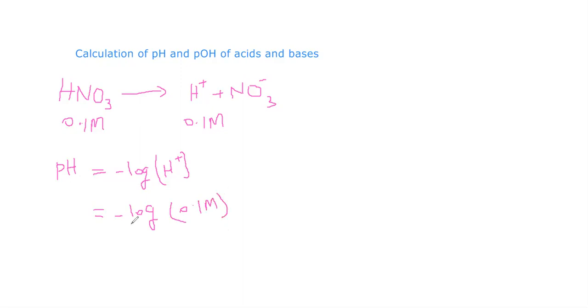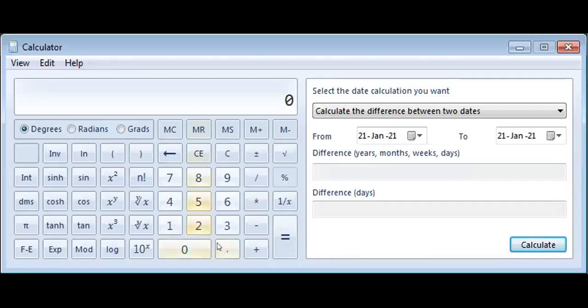Now you have to take the logarithm of 0.1 molar using the calculator. The log gives the answer minus 1.